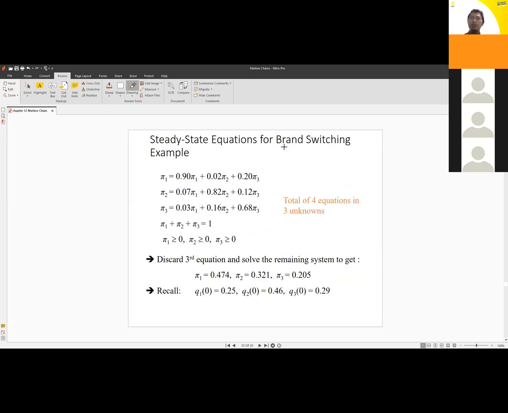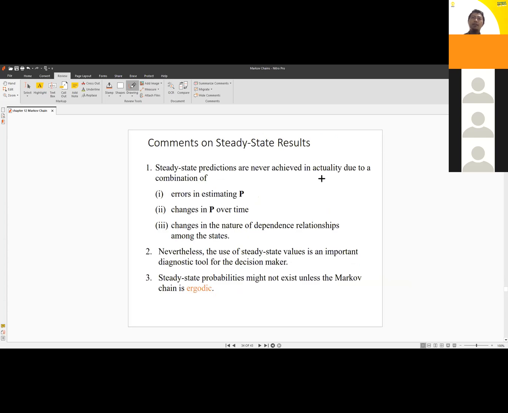This is for the brand switching application, derived from the problem discussed previously. The steady state prediction is never achieved if there is error. If P changes over time, meaning each element changes over time, the probabilities change over time, so it is not steady state anymore.